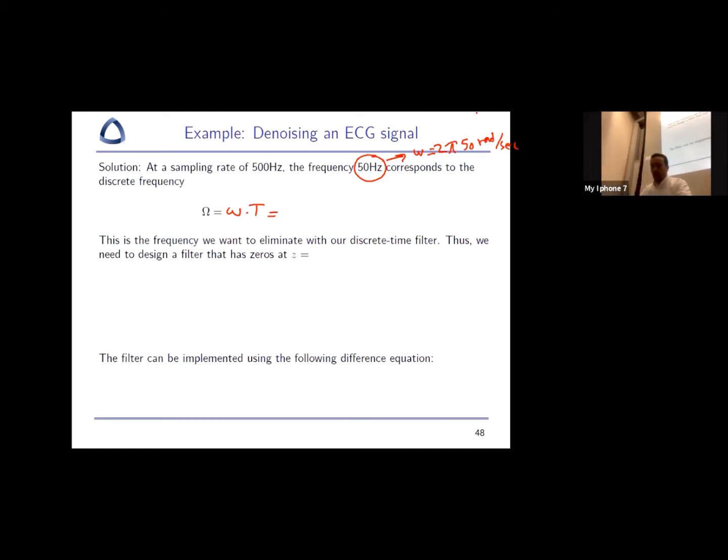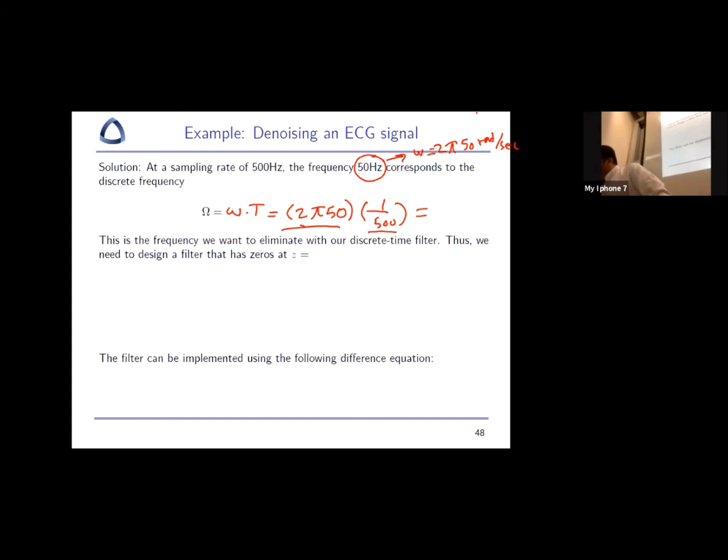If I want to convert that to discrete frequency, 2 pi 50, that's omega, times the sampling interval, which is 1 over 500. The unit of this one is radians per second, and the unit of the interval is seconds per sample.